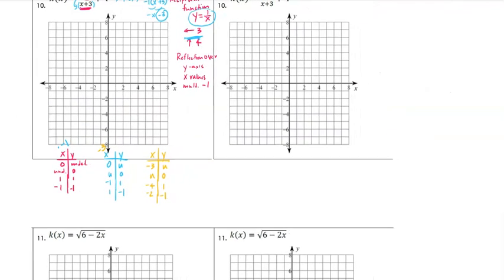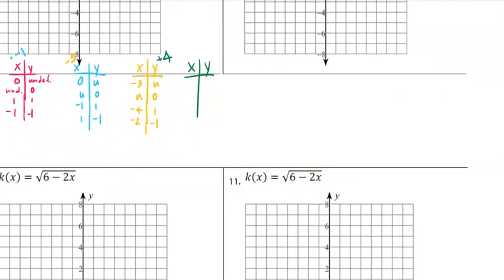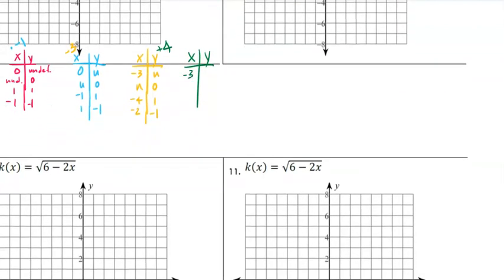Now at the end, I can do my up 4. Negative 3 is still undefined, and now my horizontal asymptote is going to change. Then negative 4, and that's going to be a 5. It's one point in that quadrant, and negative 2, and that is the other point in my other quadrant.